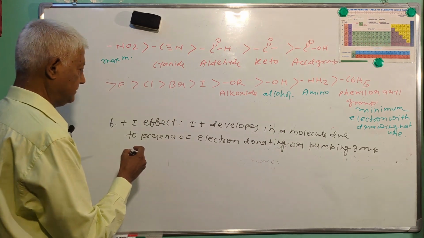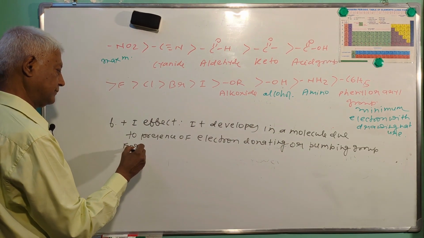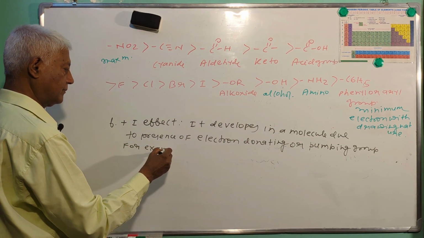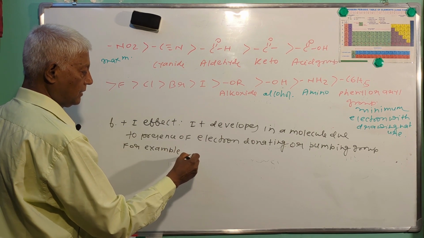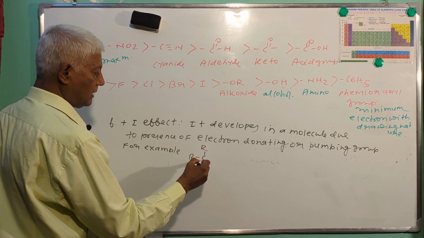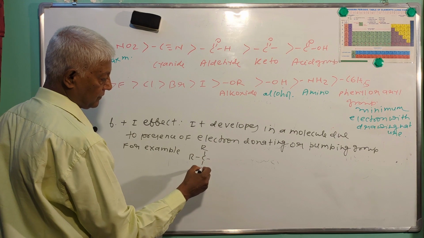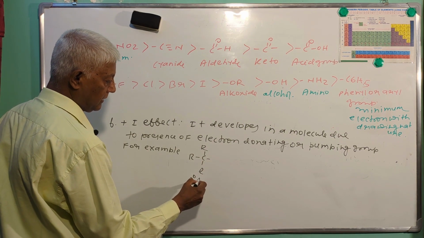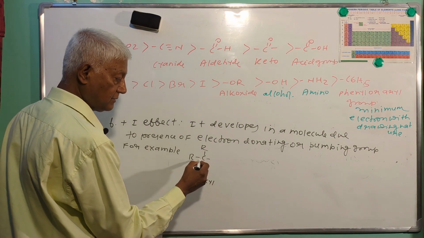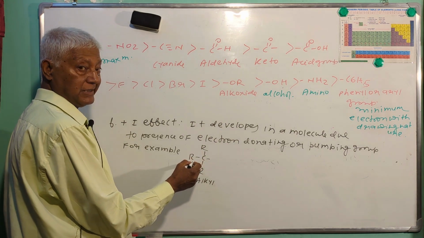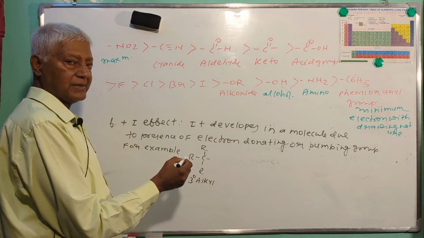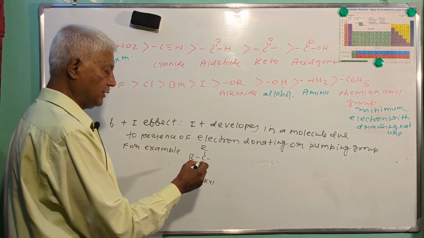For example, R3C, that is a tertiary alkyl group. It has the maximum effect, as it has three alkyl groups. All alkyl groups are examples of electron donating groups.